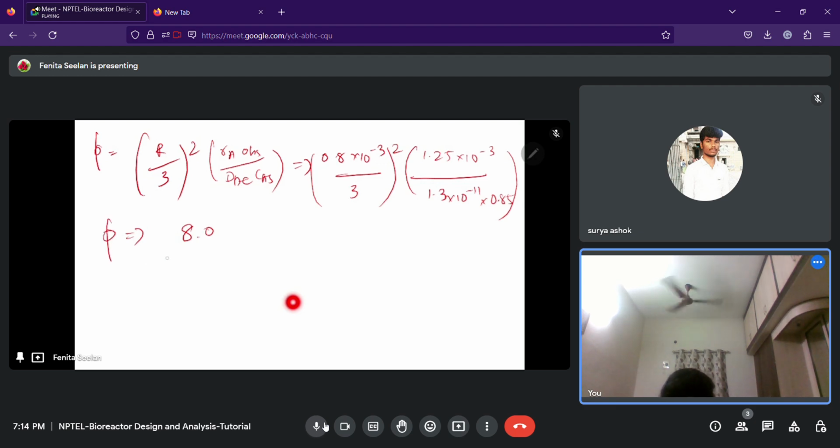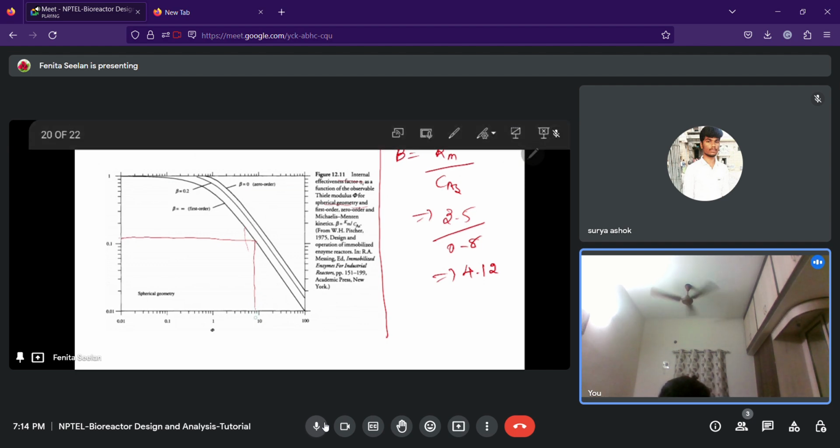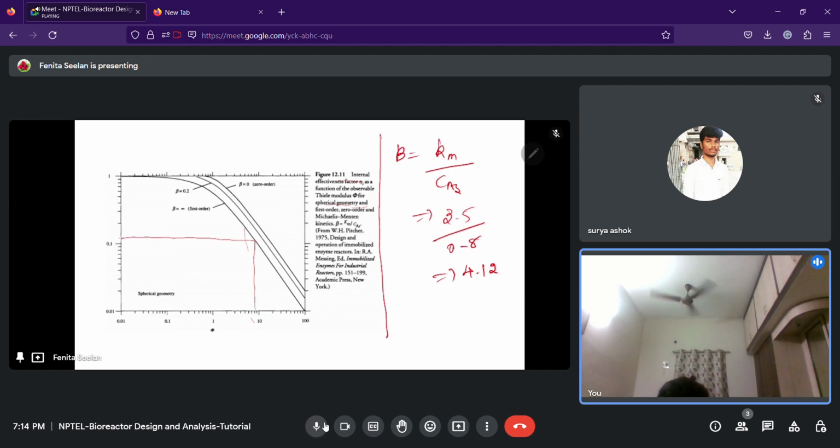So the observed Thiele modulus is 8. From the graph given here with the data sheet, you can see the Thiele modulus of 8 is around here. Your beta shows it is first order, which is what you calculated. So we cut the figure here and go back to the axis. This is 0.1, 0.2, 0.3, up to 1.